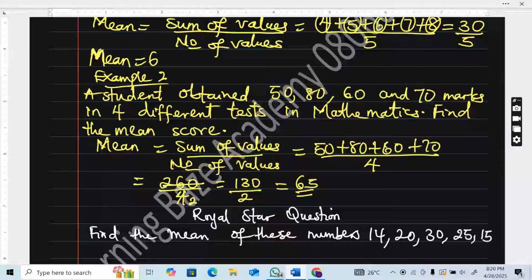Go ahead and find the mean and post your answer in the chat.